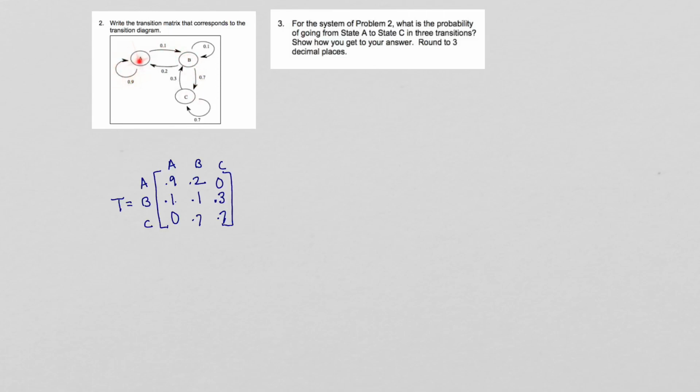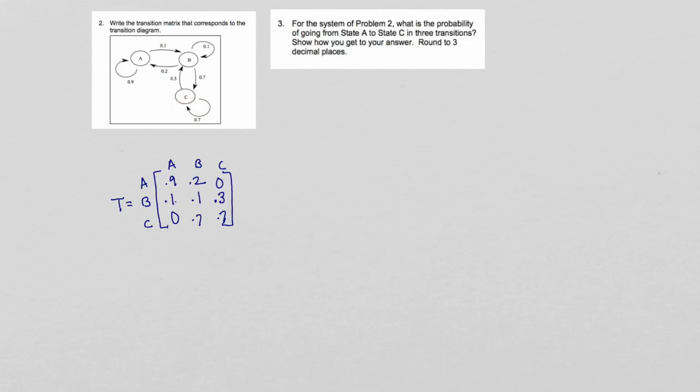So we could go A to B, and then to C. There's 3 transitions. Or we could go A to B, B to B, and then B to C. There's another 3 transitions. In fact, here's another one. How about if we went A to B, B to C, and then C back to C? There's A to C in 3 transitions.